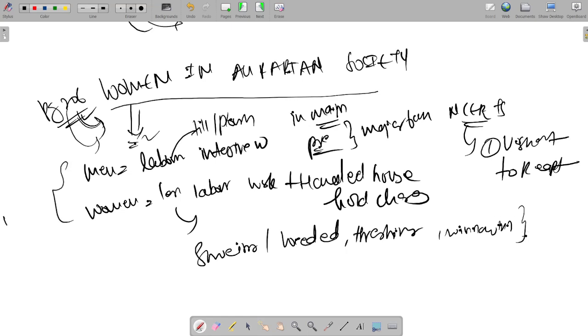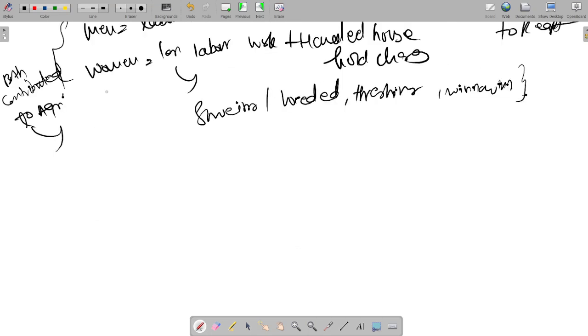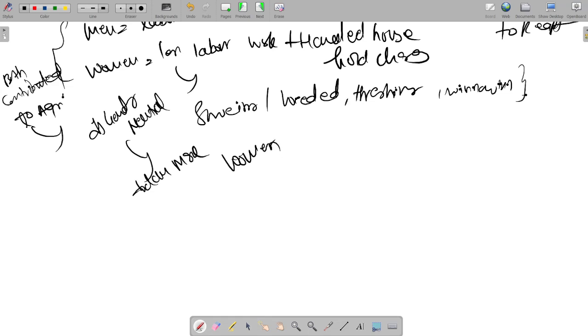They both contributed to agricultural society. That is, we can see that our agricultural society is gender neutral, as is not the case in today's modern employment. Here the women are having certain biases.